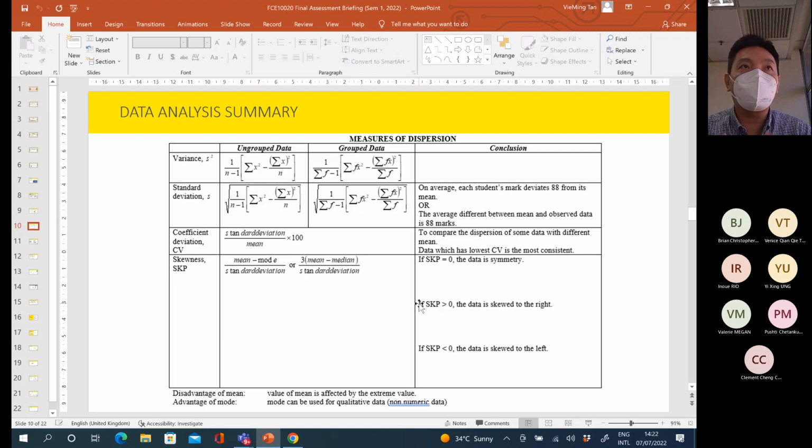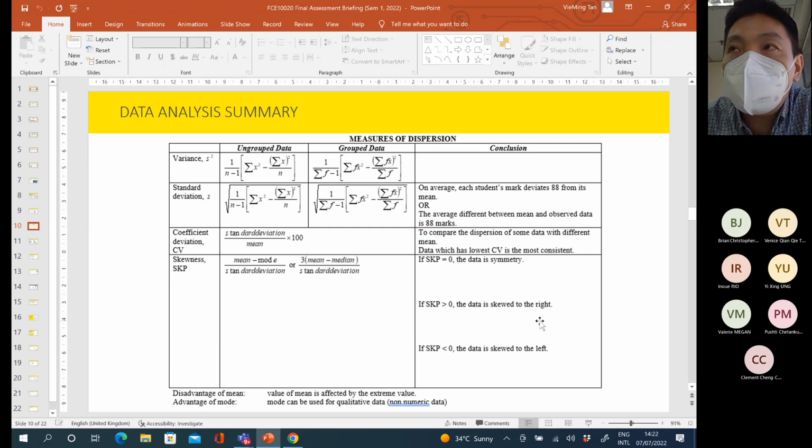Do you know how to interpret the value if the SKP is greater than 0? If greater than 0, what can I conclude? If it's more than 0, then the data is skewed to the right. The data is more to the right. Okay. If the SKP is greater than 0, the data distribution is skewed to the right, right?